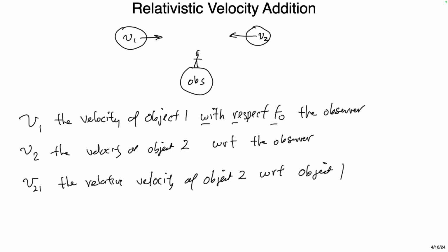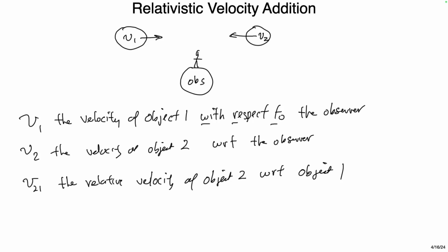So there's 3 velocities that are being observed, thought about, and that we need to grapple with in any kind of relativistic velocity addition situation. There's the speed that the first object's going according to the observer. Then there's the speed and velocity that the second object is going with respect to the observer. But then there is what object 1 would see object 2 doing.